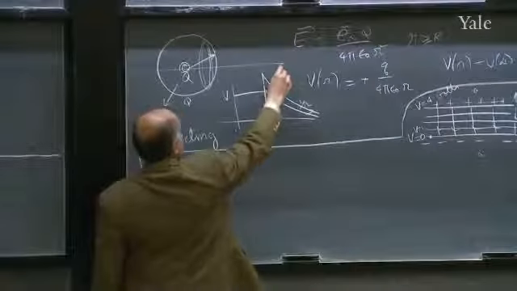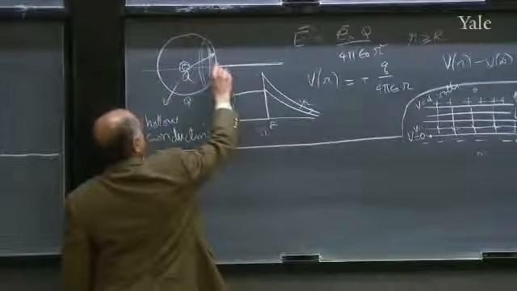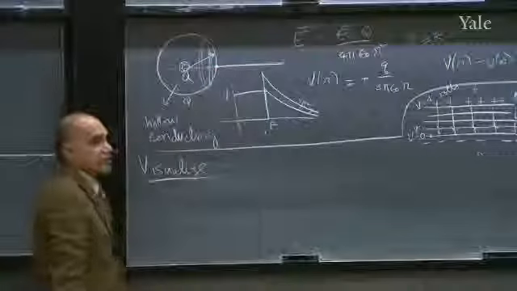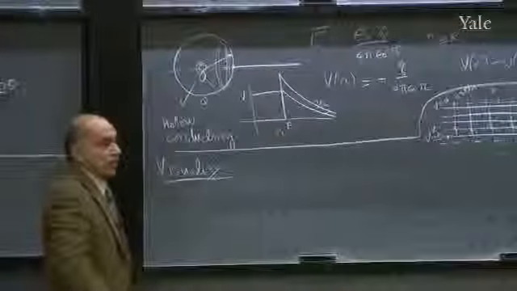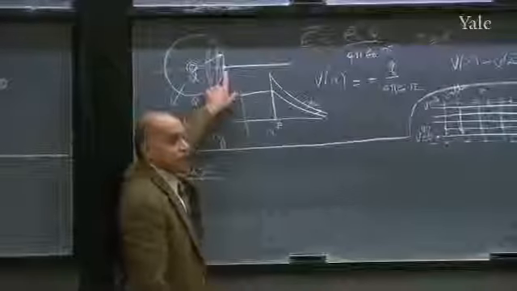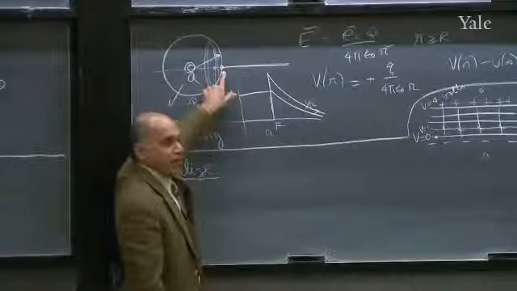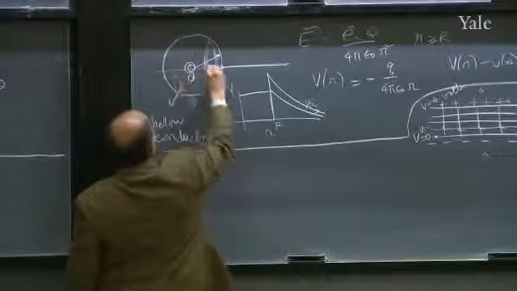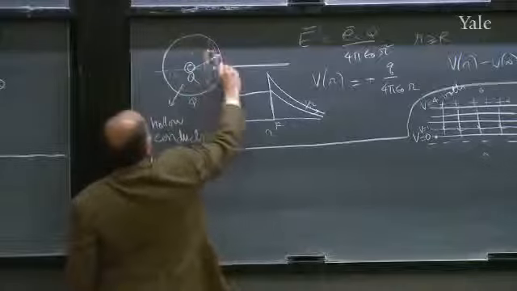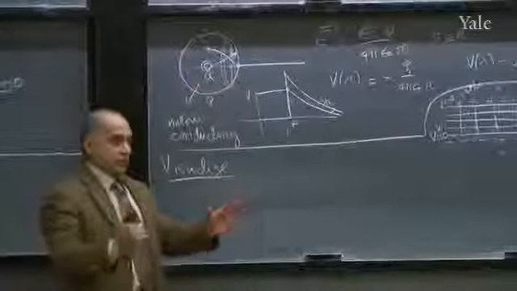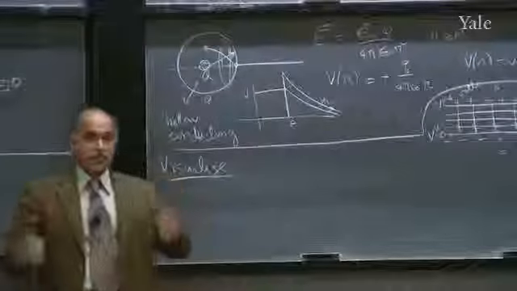I push up against that till I come here, so I do that amount of work. Once I'm in here, there is no electric field inside, so E dot dr is 0 from then on. But don't forget the V that you got up to that point. You don't drop it. You keep on adding 0 to it, so it is 0 everywhere. You add 0 to all points here because you can go from here to here with no electric field. So the whole sphere has the same potential as the surface.